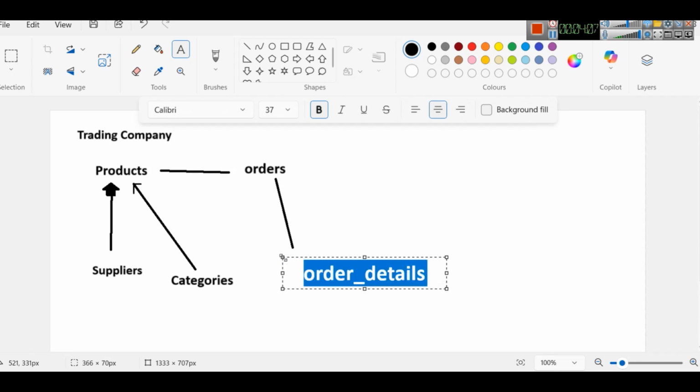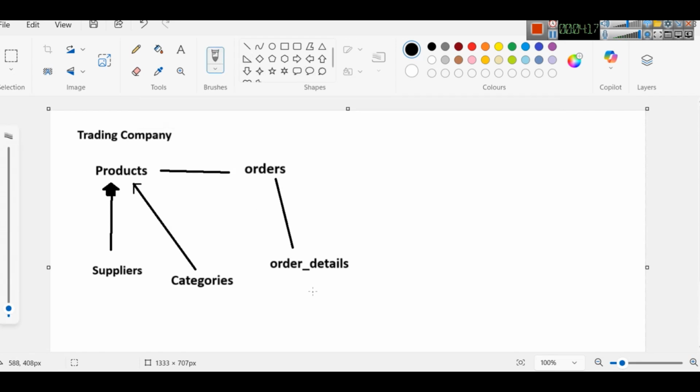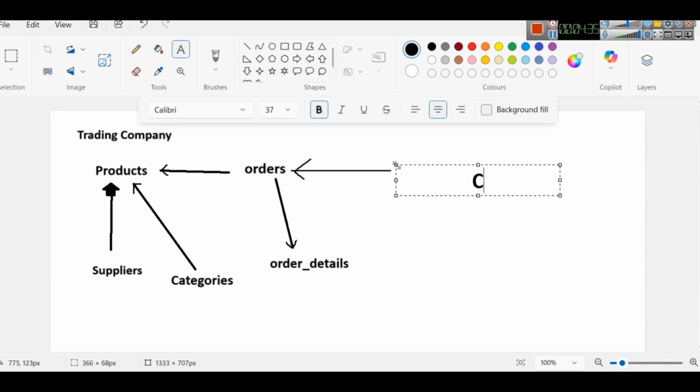First I am trying to explain the relationship here. The order details are stored here, like what products are there and what quantity. Who is making these orders? These orders are made by customers.